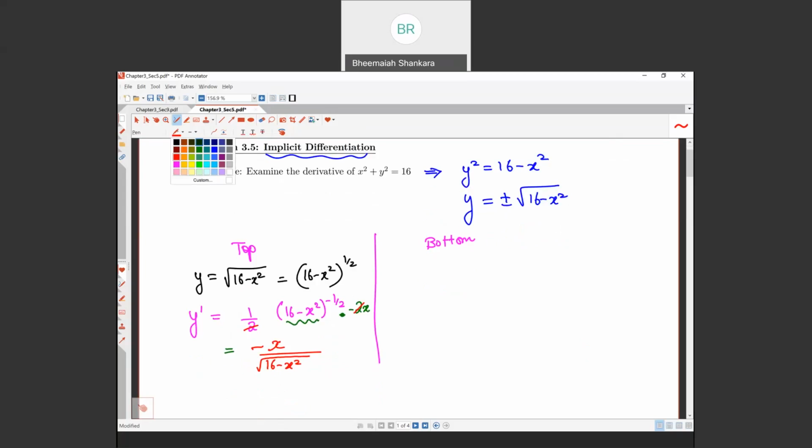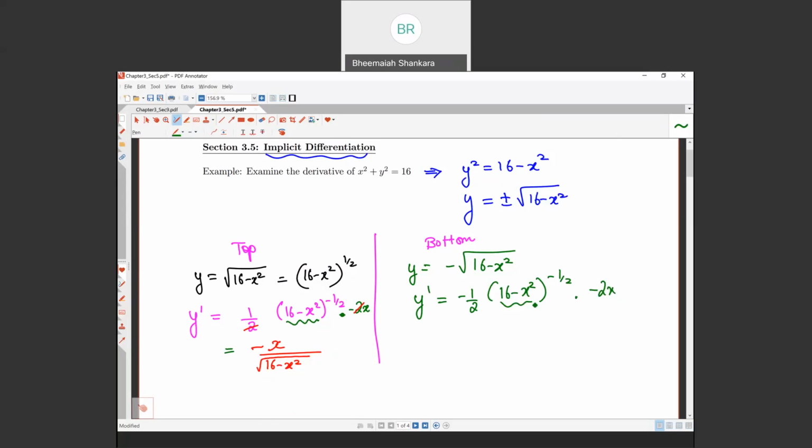So let us differentiate the bottom part of the curve, which is the negative square root function. So I'm going to write y equal to negative square root of 16 minus x squared. By differentiating, I have y prime equal to negative 1/2 times (16 minus x squared) to the negative 1/2, times negative 2x, because I'm going to differentiate this again.